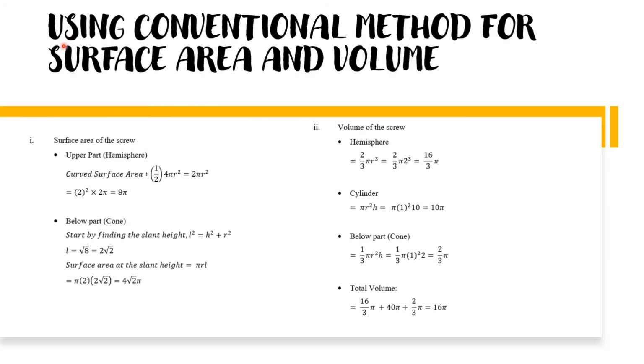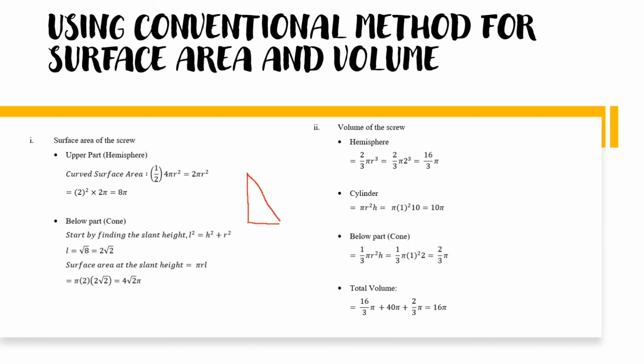So we are using the conventional method for surface area and volume. This is to prove that our calculation, the integration, is true and the same. For the surface area of the screw, the radius is 2. We just calculate it, and then we got 8 pi. For the cone, we have to calculate the slant height.